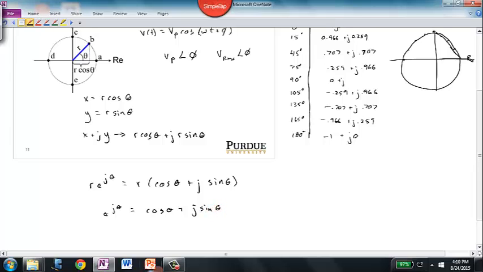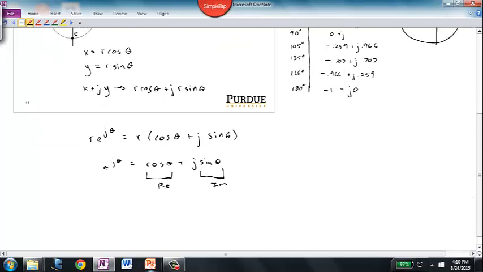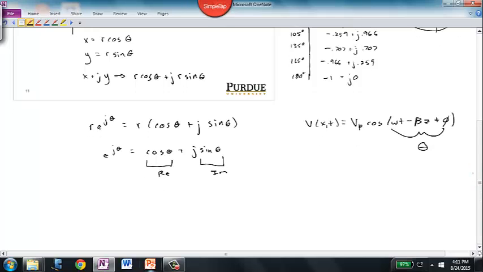We call the cosine portion the real portion, and the sine portion the imaginary portion. We can use Euler's identity to represent a traveling wave. Let's start with the traveling wave: V of z comma t is equal to Vp cosine of omega t minus beta z, and we're going to include our phase shift phi for this one. In this case, this whole argument is what theta is.